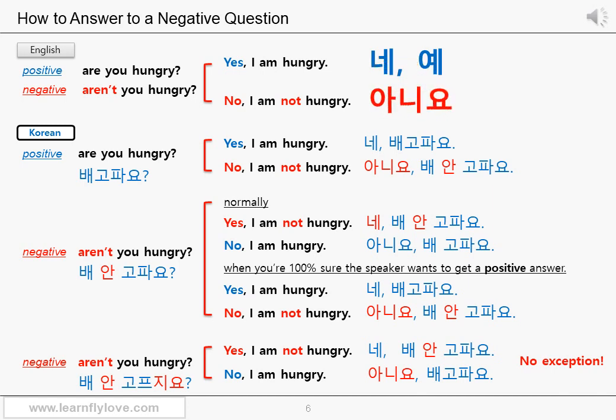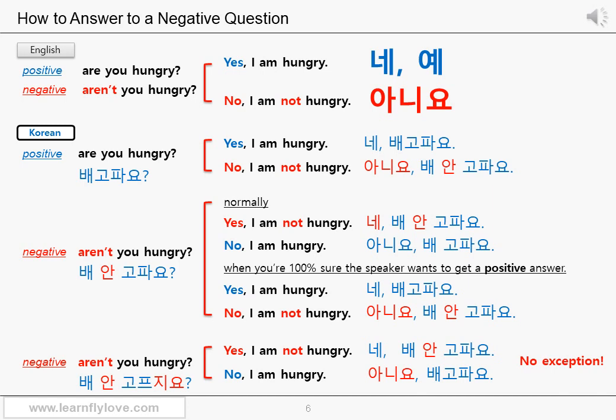No is 아니요. It's from the Korean adjective 아니다, which means to be not, that we learned a couple of pages before. But 아니요 is not an adjective nor conjugated from the adjective 아니다. So just memorize the entire 아니요 itself, okay?